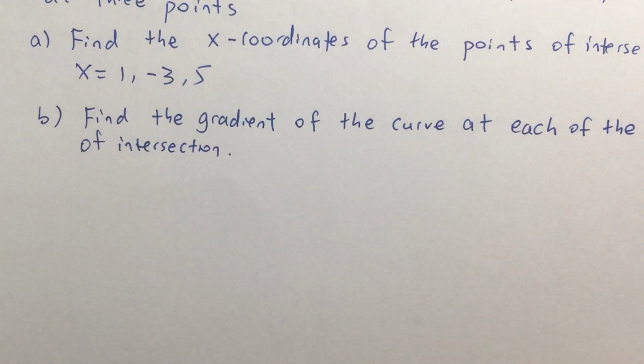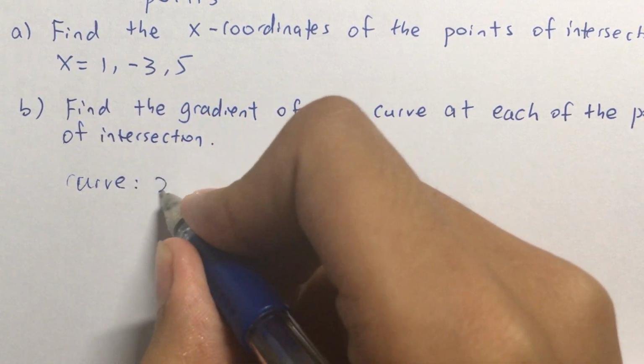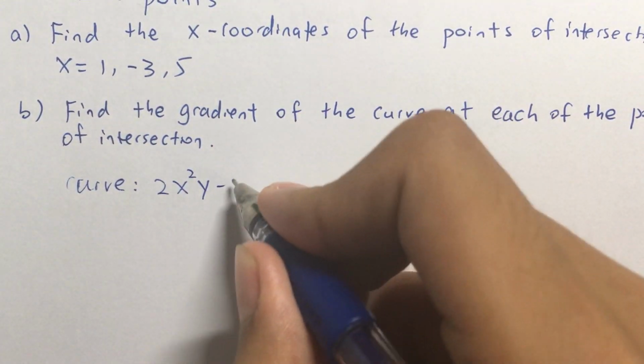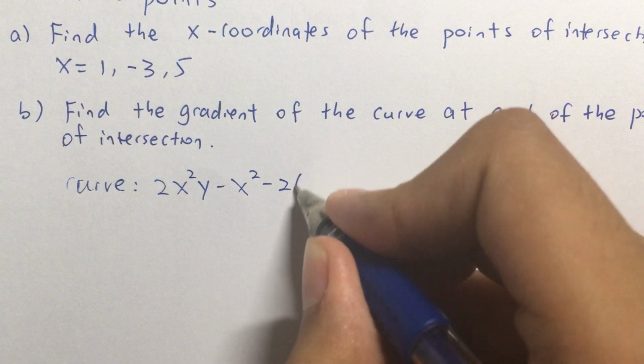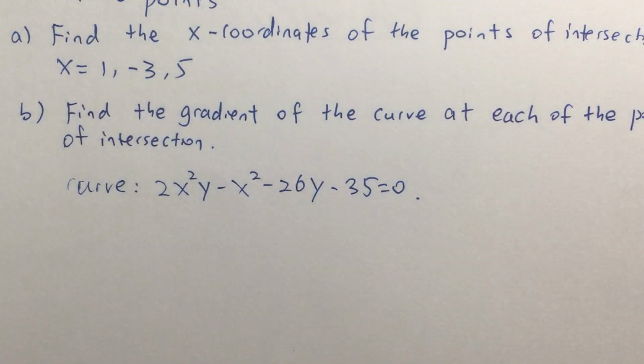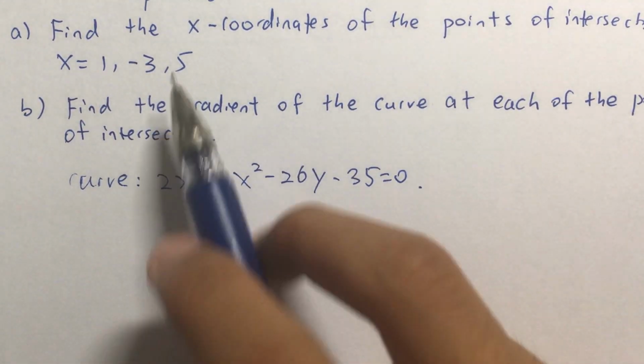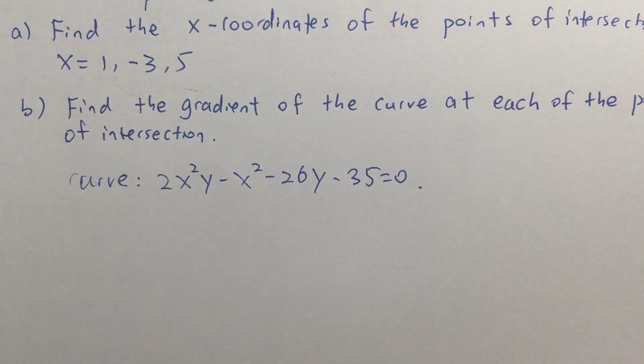So our curve is 2x squared y minus x squared minus 26y minus 35 equals 0. And we need to find the gradient of the curve at these 3 points.